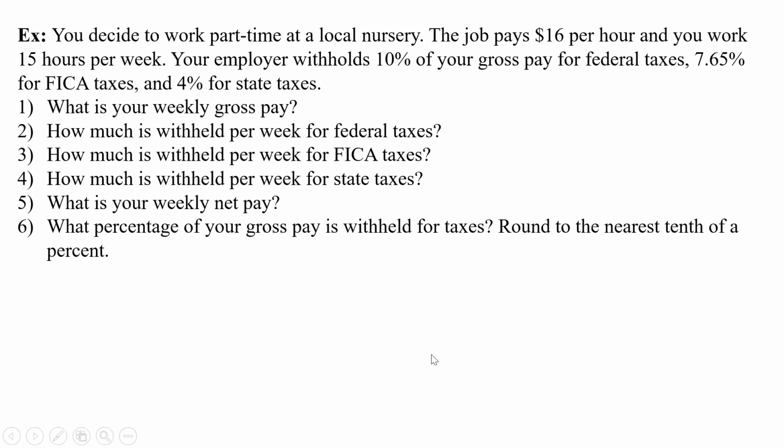All right, so let's say you were a student and you decide to work part-time at a local nursery. The job pays $16 per hour and you work 15 hours per week. Your employer withholds 10% of your gross pay for federal taxes, 7.65% for FICA taxes, like we just looked at, and 4% for state taxes. What is your weekly gross pay? For weekly gross pay, we have to figure out how many hours we worked and how much we earned per hour.